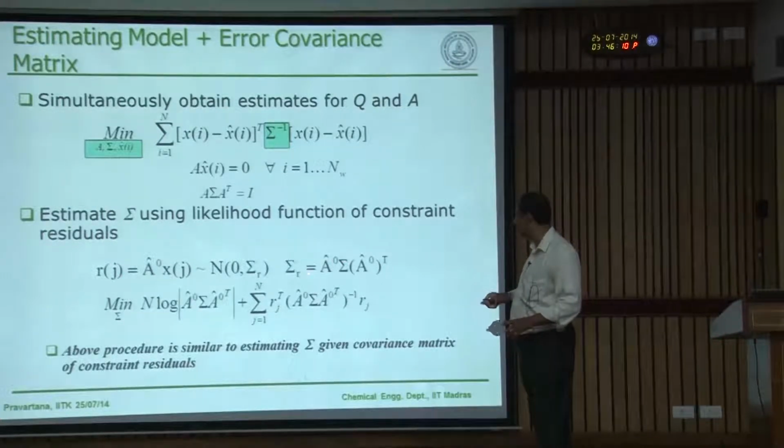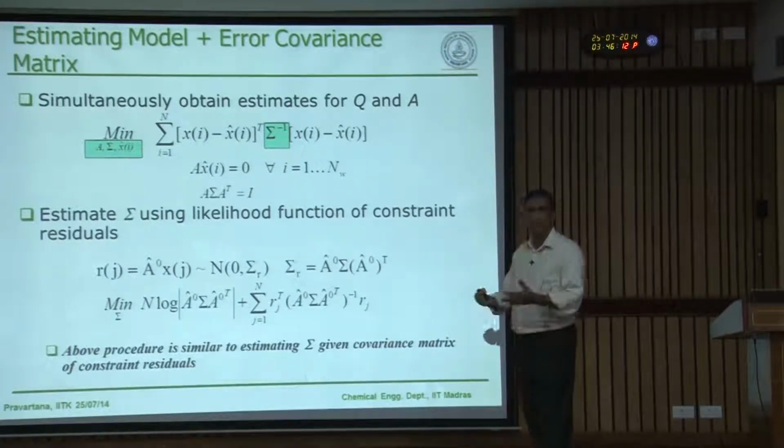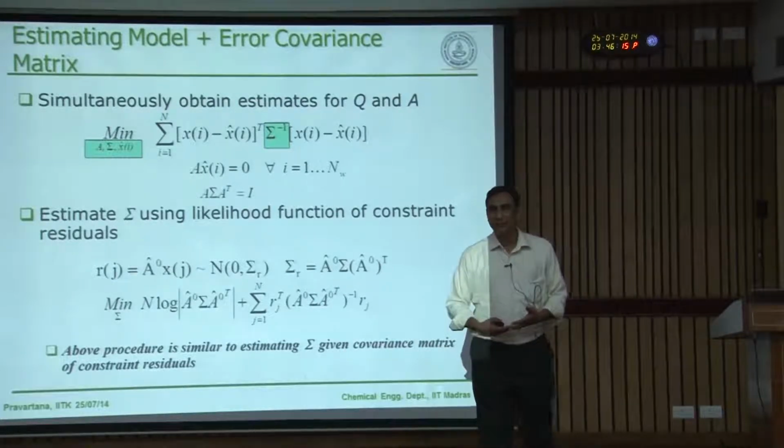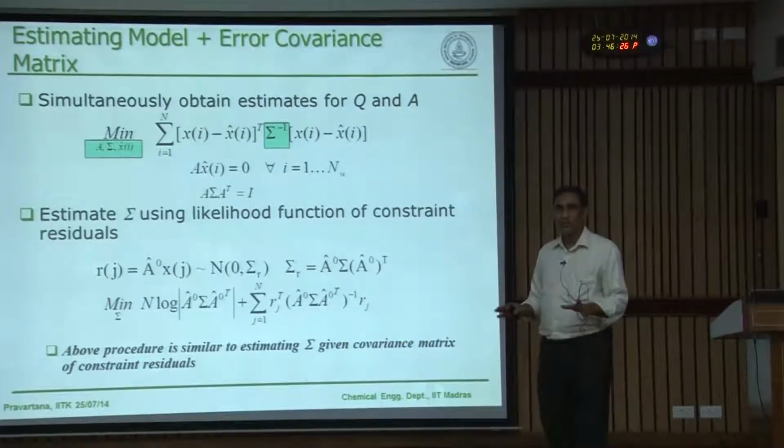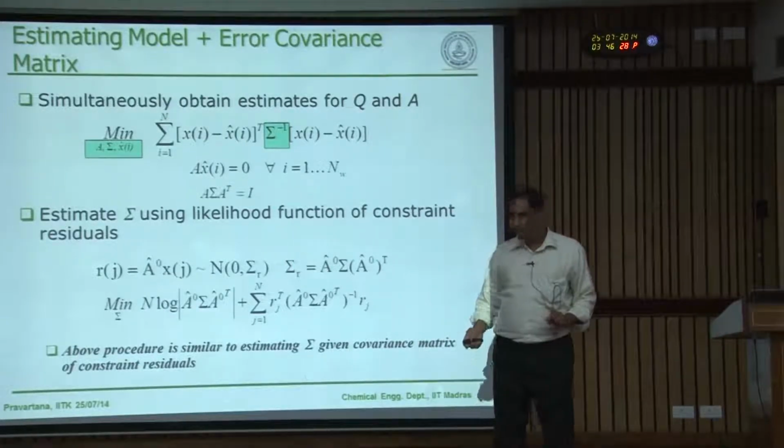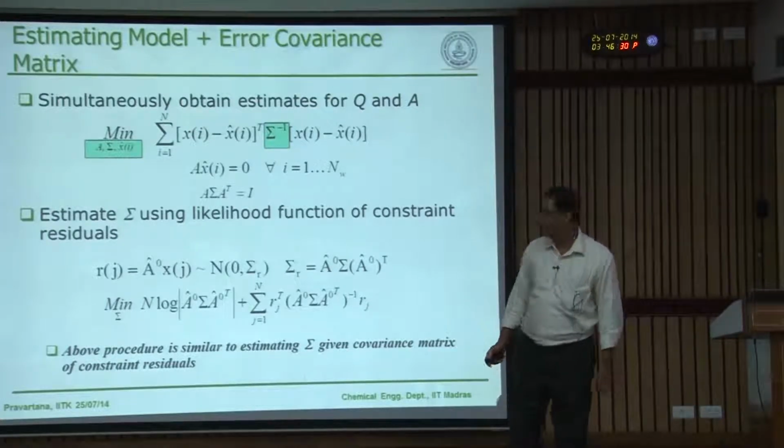This is in a lower dimension, this is in a higher dimension, therefore there is a condition. The condition basically being the number of elements of sigma, remember it's diagonal, should be less than or equal to m into m plus 1 by 2, where m is the number of constraints. You can actually show this formally by showing that the uniqueness of the solution is guaranteed only then. Okay.